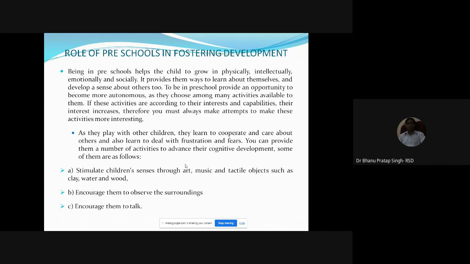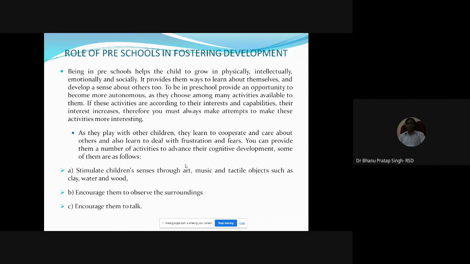Some cognitive development activities are given below. One is to stimulate children's senses through art, music, and tactile objects such as clay, water, and wood. Second is to encourage them to observe the surroundings.